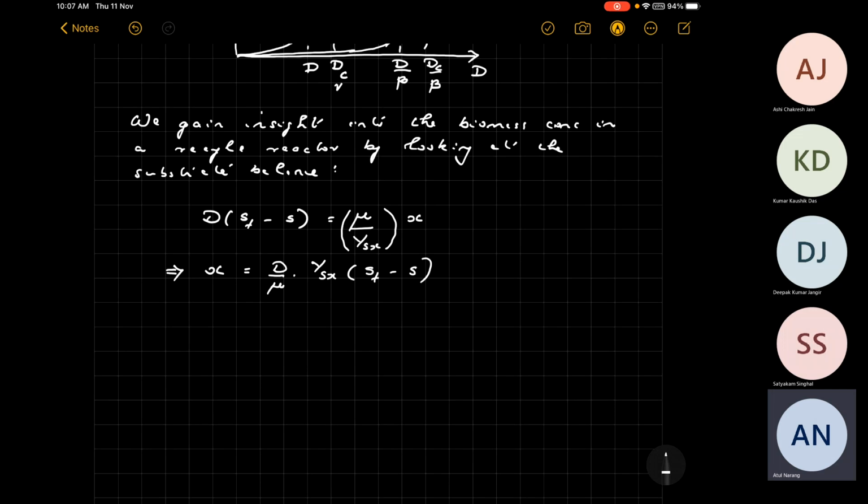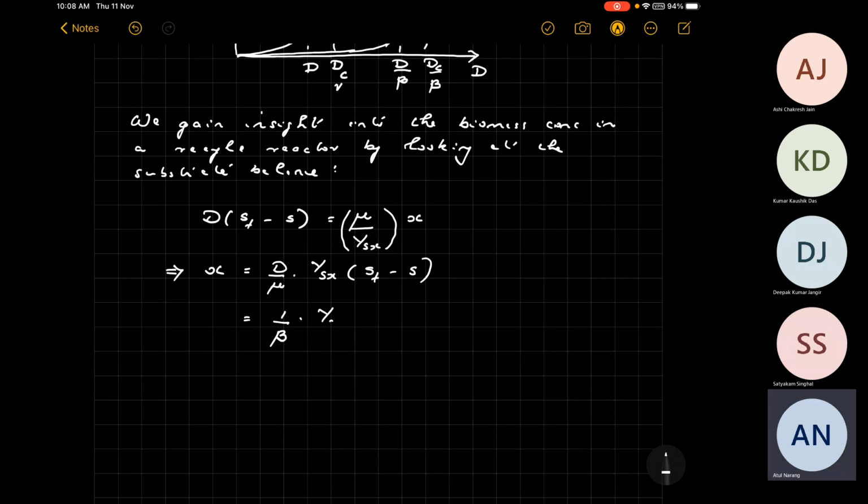Now, when we were dealing with a chemostat, we used to immediately put D equal to mu, and we would say, okay, X is equal to YSX multiplied by (SF minus S). But now we're dealing with a recycle reactor where D is in fact bigger than mu. And we know how much bigger it is than mu because this quantity is in fact exactly 1 over beta.